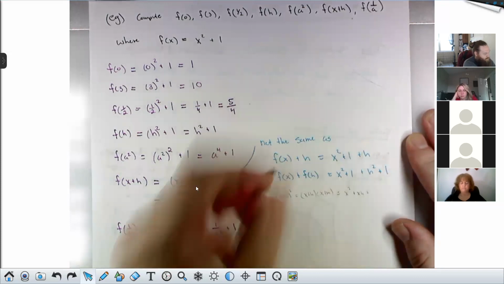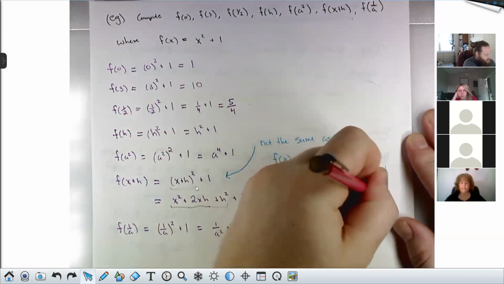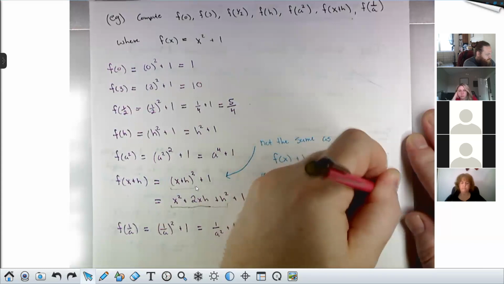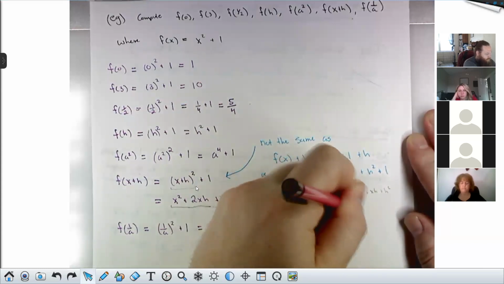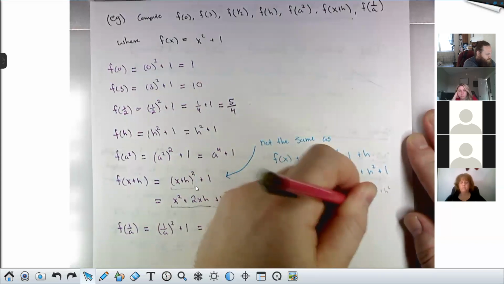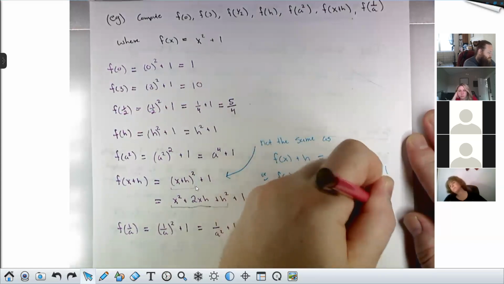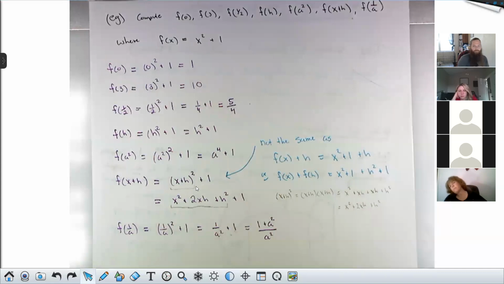Your inners are also x times h. And then your lasts are h times h, which is h squared. So that gets us x squared plus 2xh plus h squared. That makes more sense. Okay, thank you. Yeah, no problem. Is there anything else that we'd like to look at a little more carefully here?